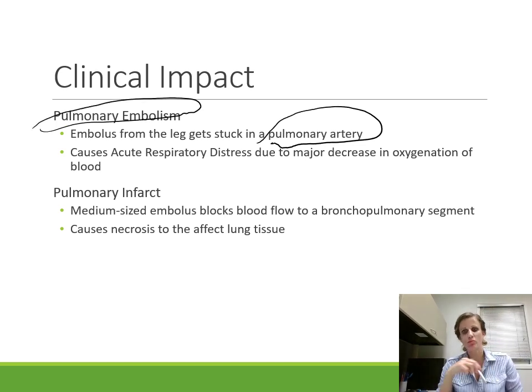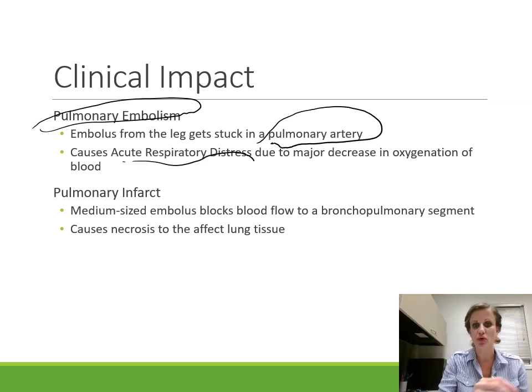Because we're blocking so much blood flow to the lung, this can cause acute respiratory distress, because we're decreasing oxygenation of the blood vastly. Now, if the embolus is medium-sized, then it's not going to get stuck in the pulmonary artery. It's going to make it through the pulmonary artery, but then it gets stuck in the smaller arteries.